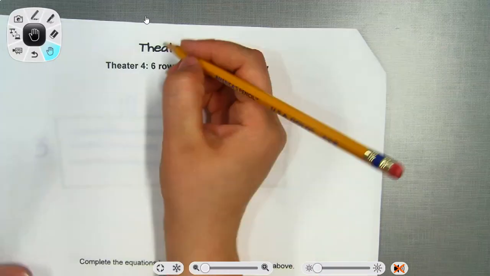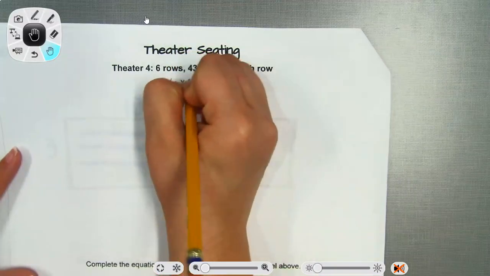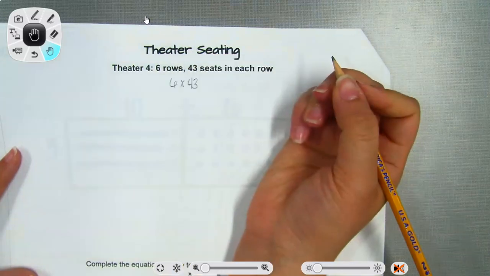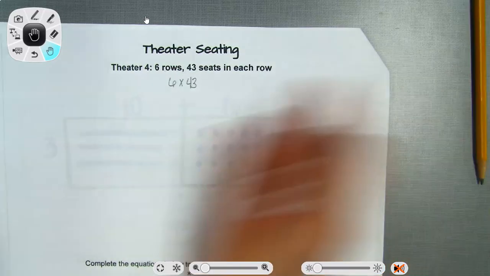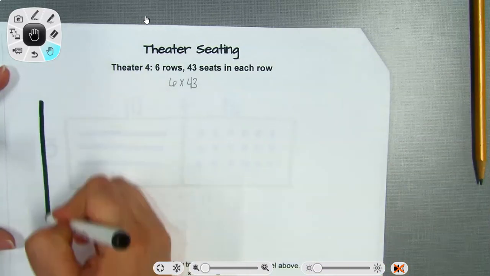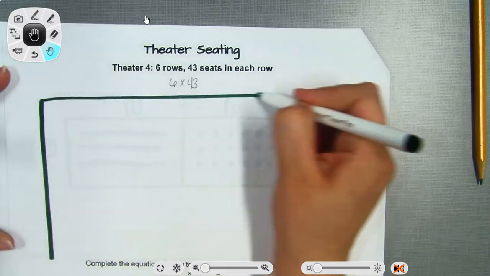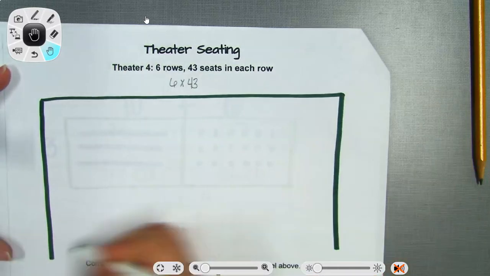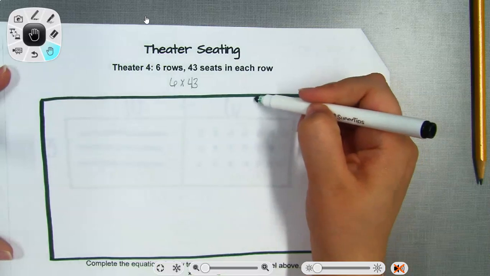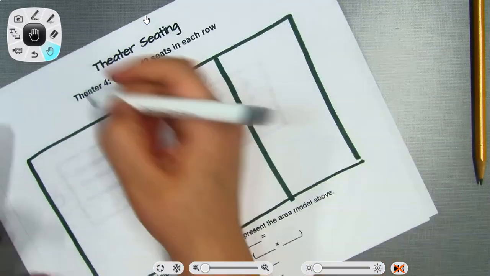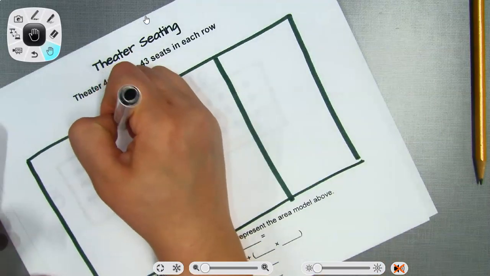Okay. So you're going to have 6 times 43. Okay. That means you need 6 rows with 43 in them. So here you're going to put your tens.